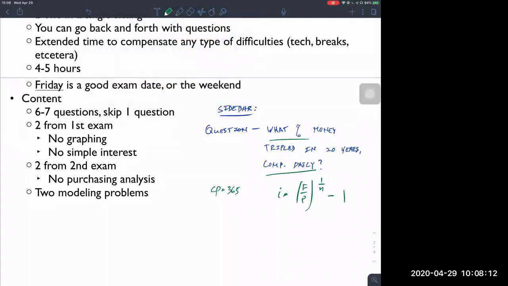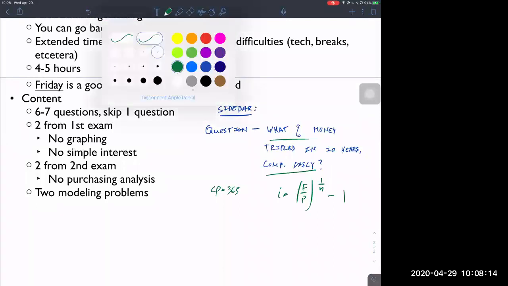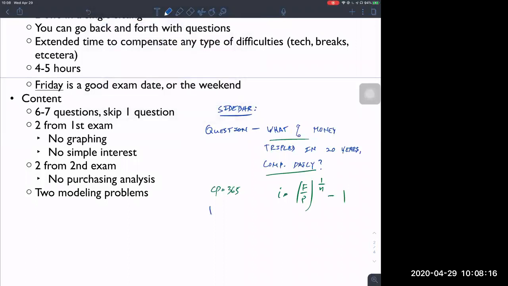Using that formula, you can make up numbers so that your P is, say, 100. If you tripled it, your F is 300. You're looking for I, and your N is 20.